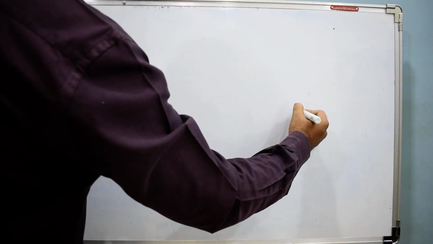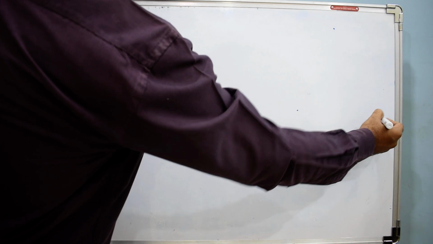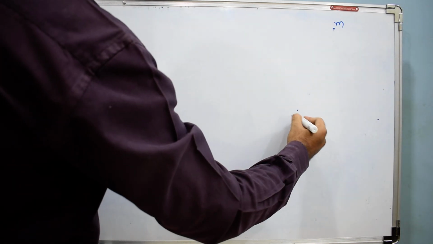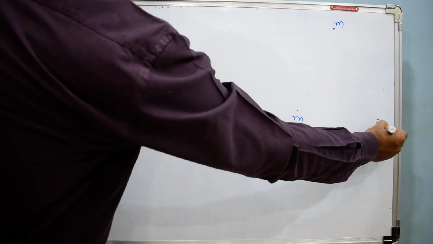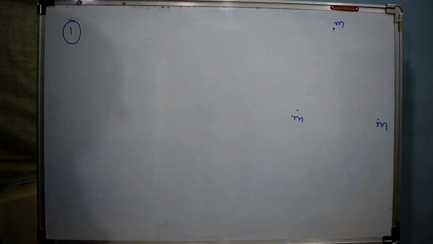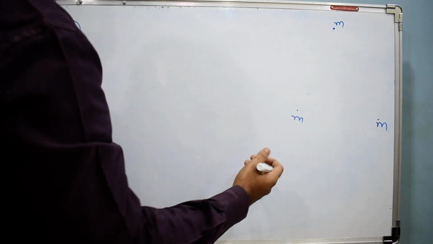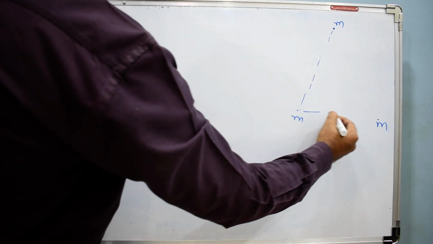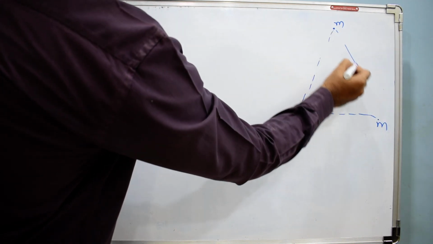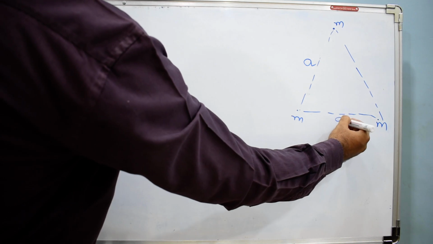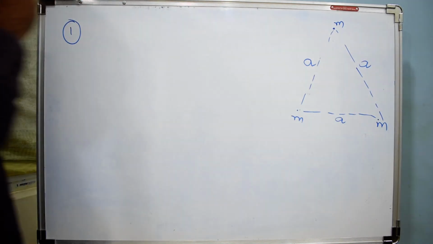For the sake of simplicity, I will consider three equal masses, m, m and m, each being equal to m, and which are at the corners of an equilateral triangle of side a. So the side length of this equilateral triangle is a.